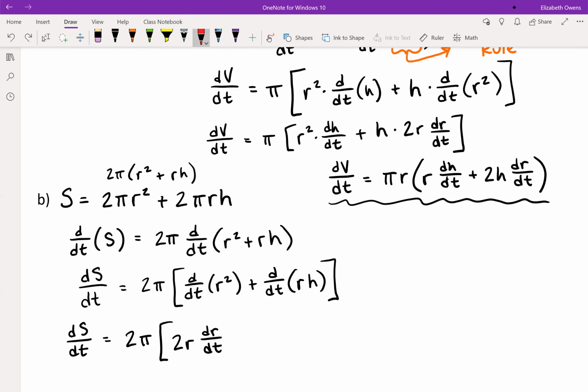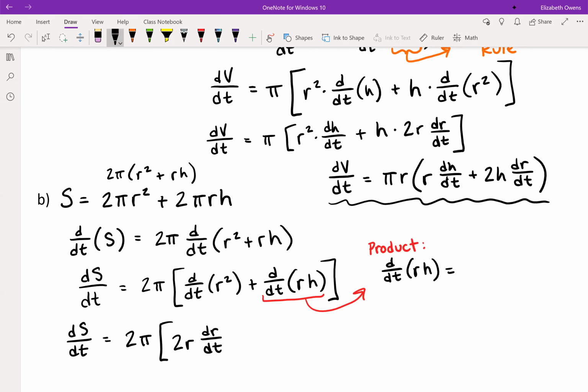Then over here, derivative with respect to t of rh. Well, r is a function of t, h is a function of t. They're multiplied together. We got to go product rule on that. So derivative with respect to t of r times h.